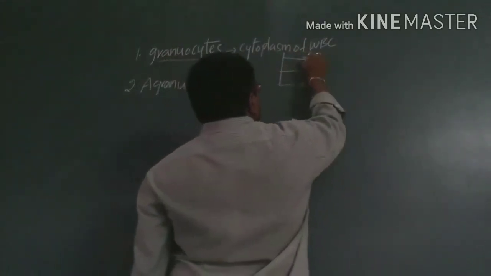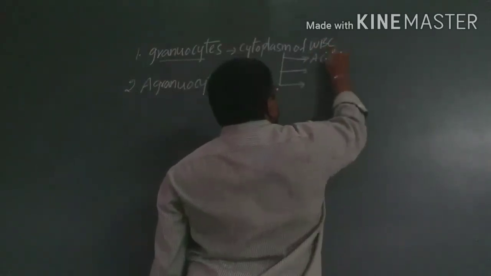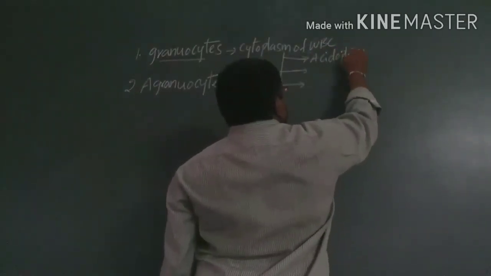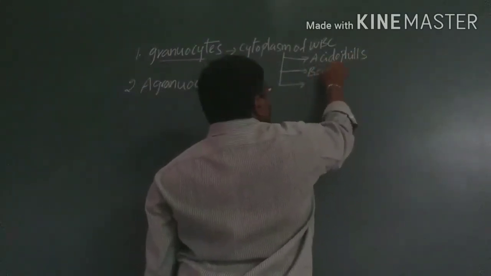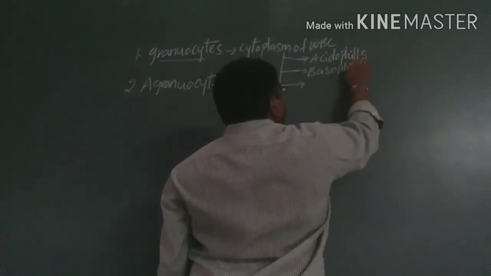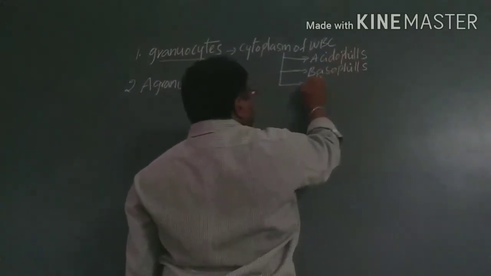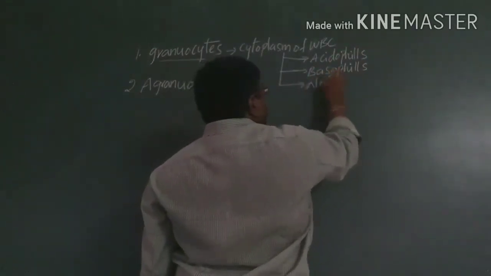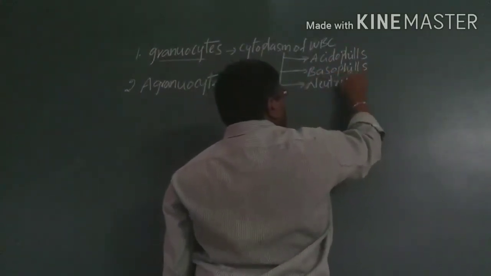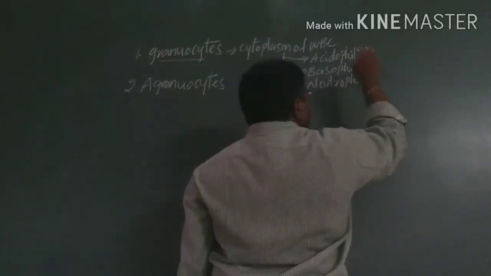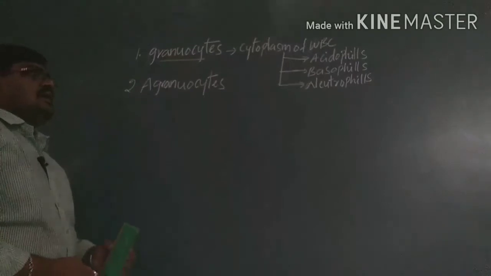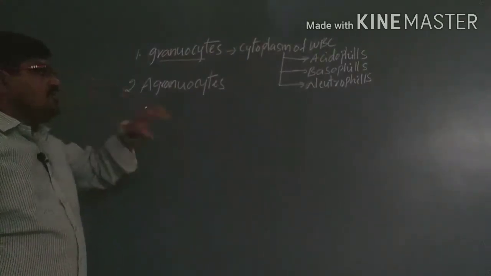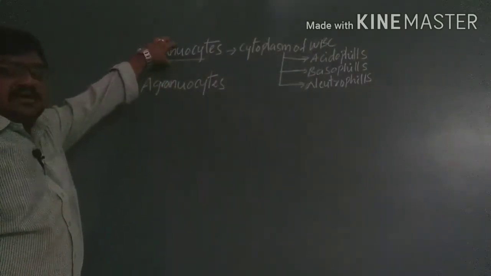The first one we call acidophils. The second one is basophils, and the third one is neutrophils. So based on the presence of granules in the cytoplasm of the WBC, we call them granulocytes.